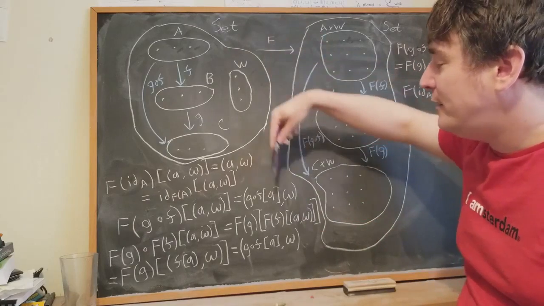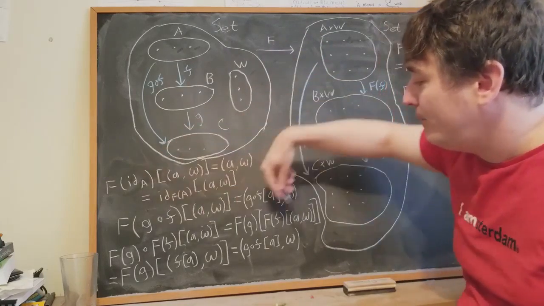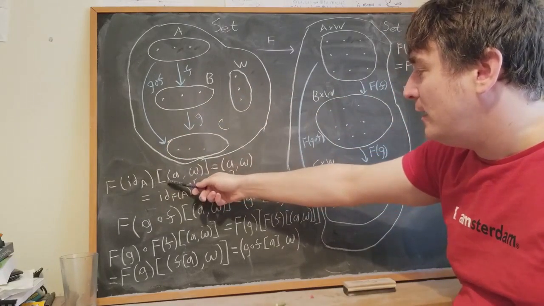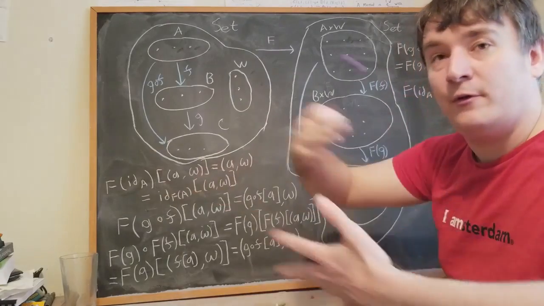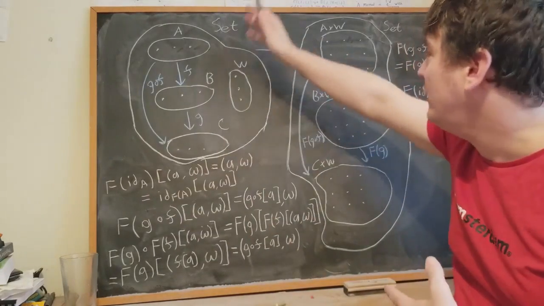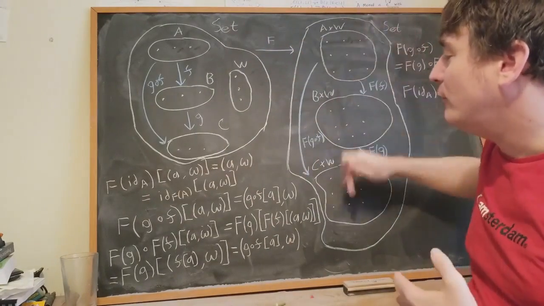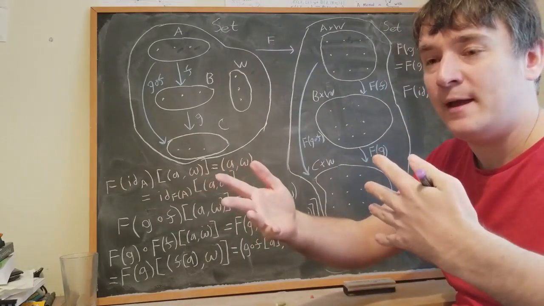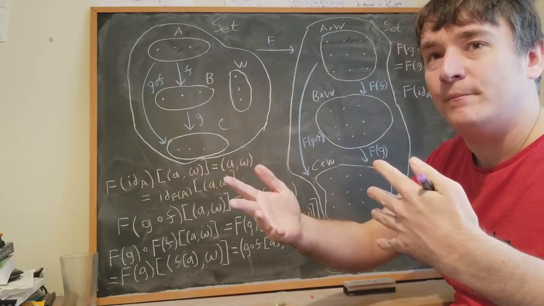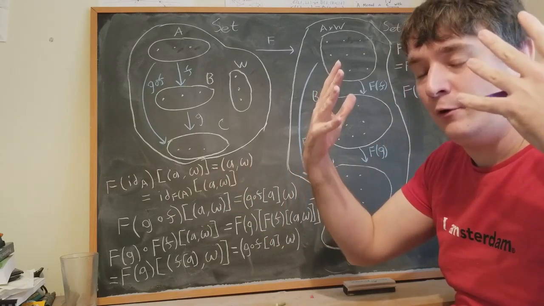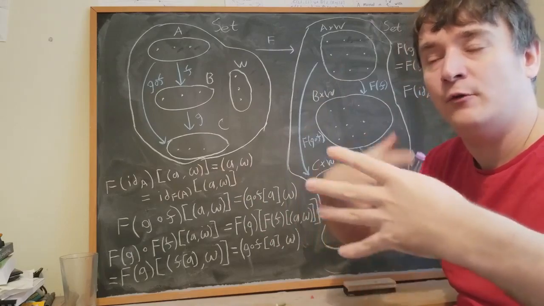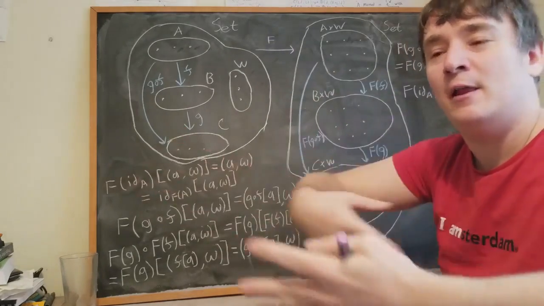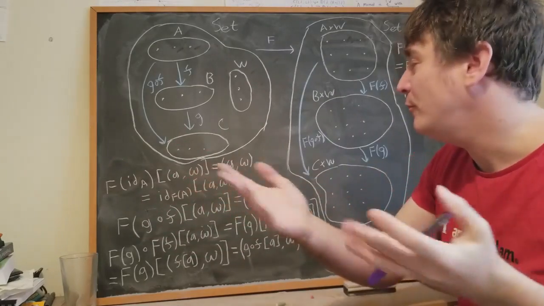I've tried to demonstrate this here, and basically the idea is that we look at how these work, because these are functions in this case. They're functions over here and they're functions over here. To prove that two functions do the same thing, you just look at how they work on a general element, and if they map that general element in the same way, then they're the same function.